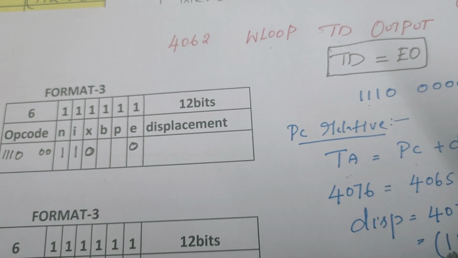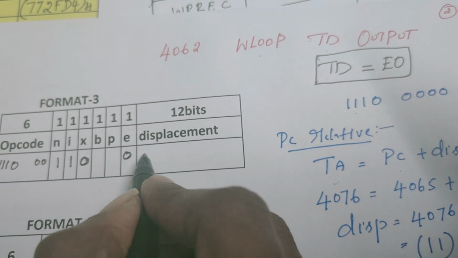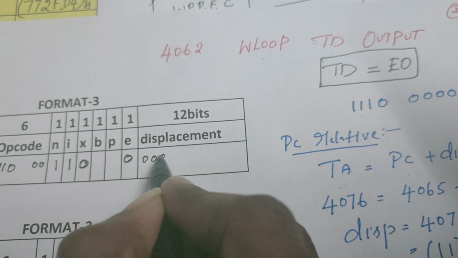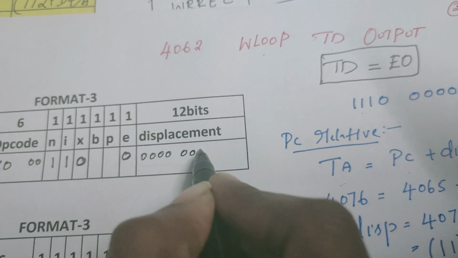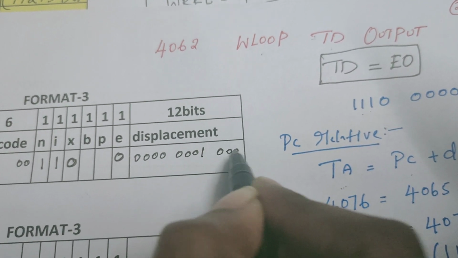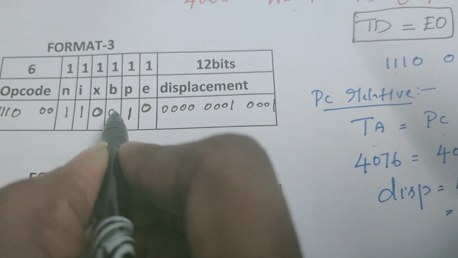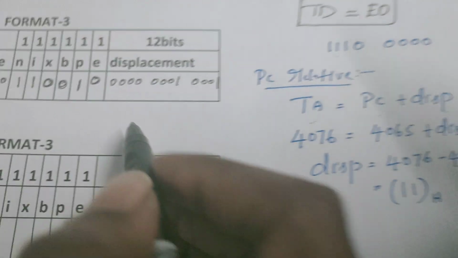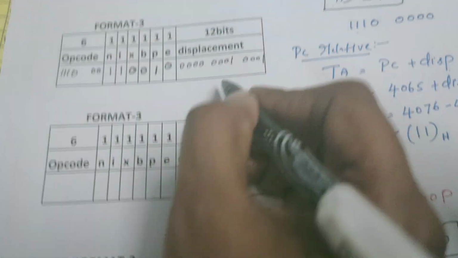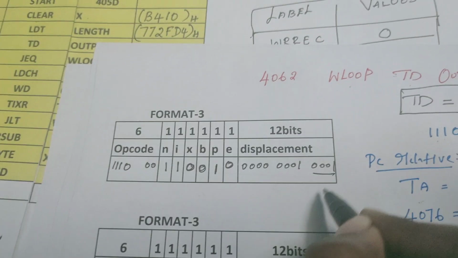Okay, now let us write the object code. 1 is the value, right? But we have to extend it to 12 bits. So right here 0000 0001 0001. It is PC relative. We identified it is not base relative, right? So now how can I find the object code? For this it is 1.